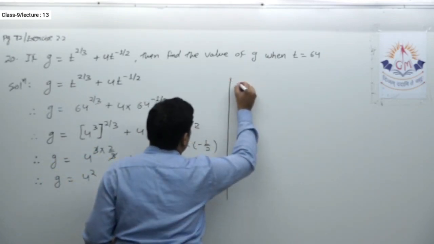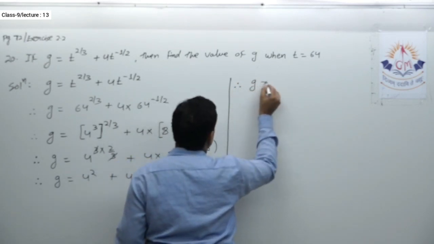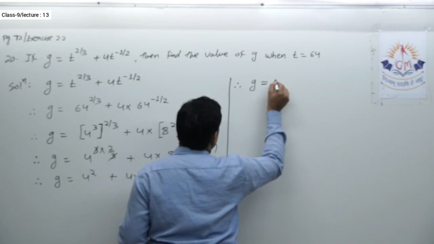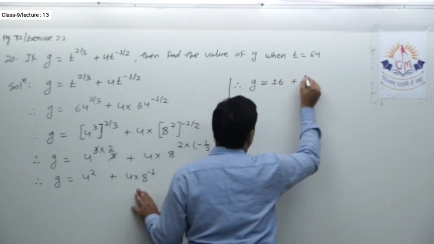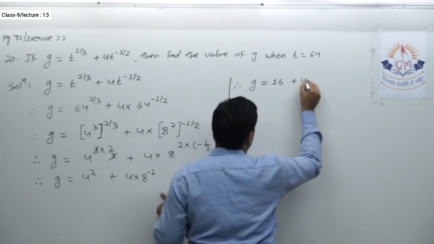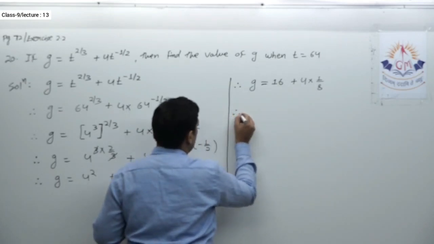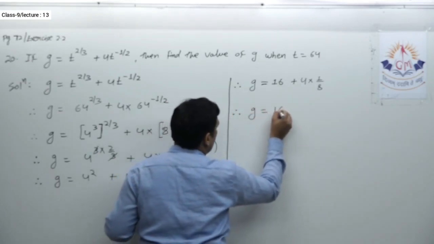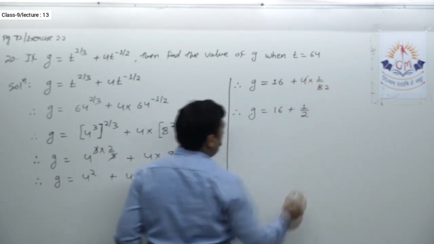Okay, so therefore further I can write g is equal to 4 square, that is 16, plus 4 upon 8, 8 raised to minus 1, that is 1 upon 8. So therefore I can write g is equal to 16 plus 1 by 2, 4 2s are 8, so 1 by 2.